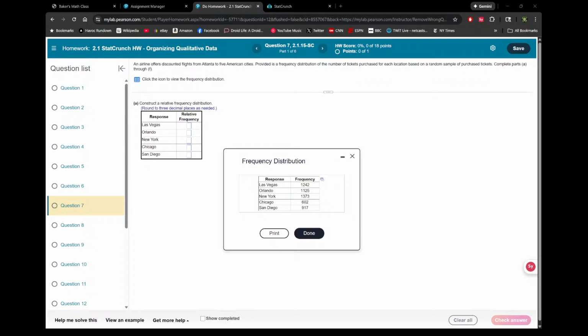So how can I set it to do relative? Calculate, tables, frequency. Right here I went to relative frequency, graph, and it comes out to be all 0.2.